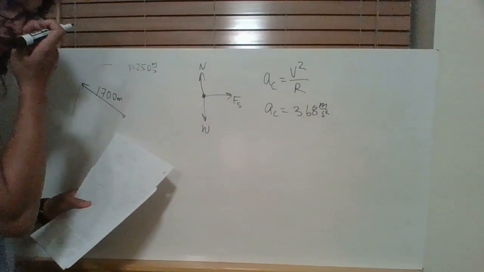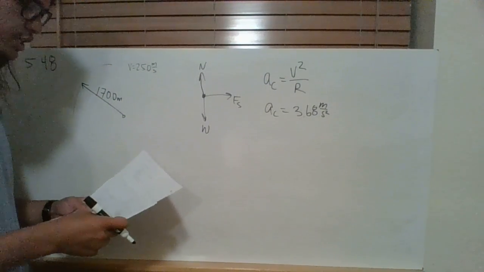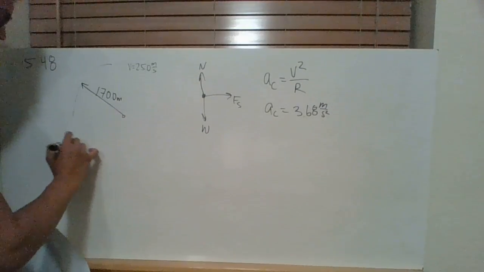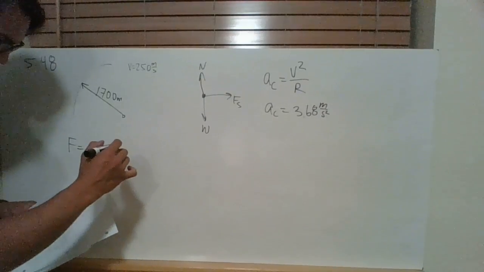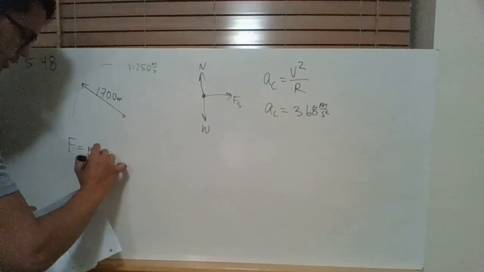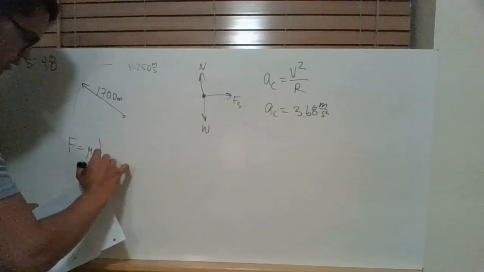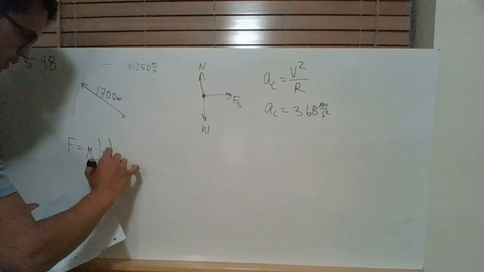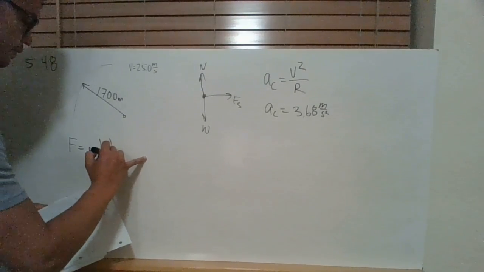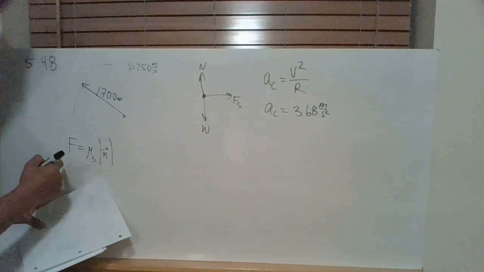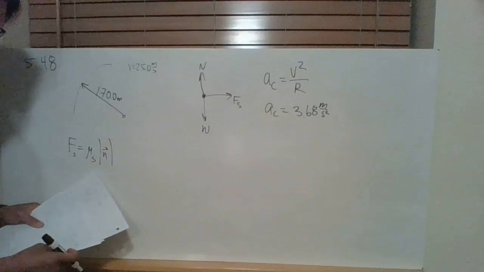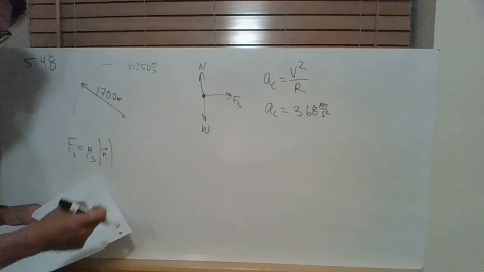Now we know that the force of friction is equal to, let's see if I can remember this off the top of my head, the static coefficient times the normal force.